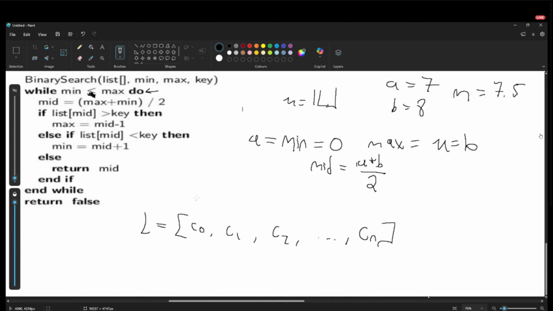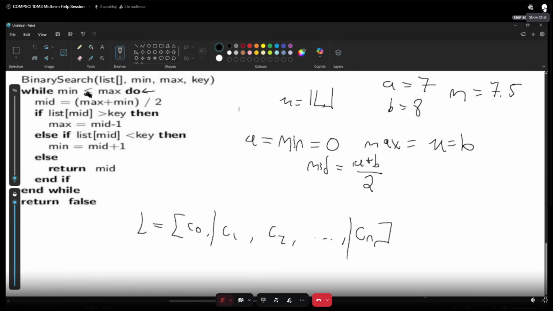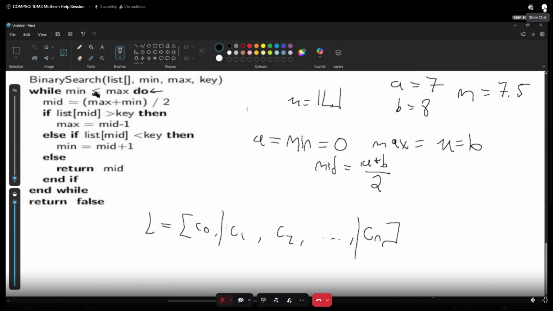Now, I'm sure you guys already know how binary search works. The left-hand side keeps track of the left wall that we're looking at, and the right-hand side keeps track of the right wall that we're looking at. At first, we're looking at n elements. Then this distance shrinks in half.